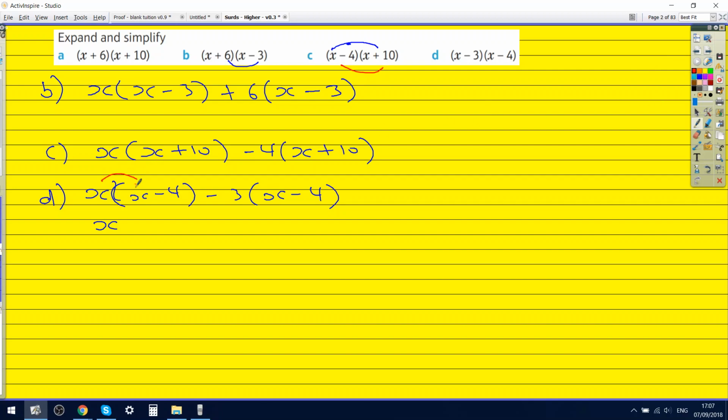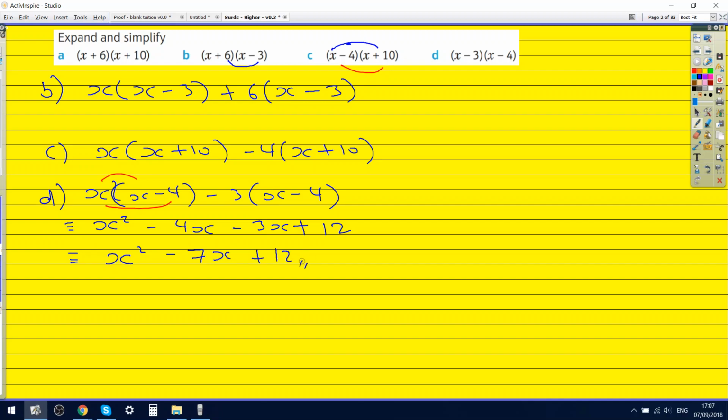So you just expand it as normal. x squared minus 4x. Well done. And minus 3x minus 12. And a minus times a minus is add, so plus 12. And simplify. Can you simplify that? x squared minus 7x add 12.